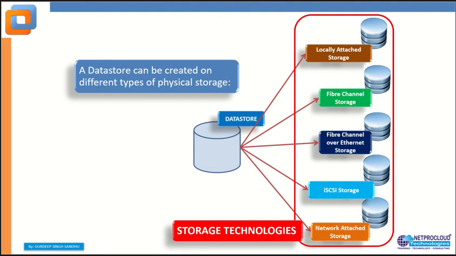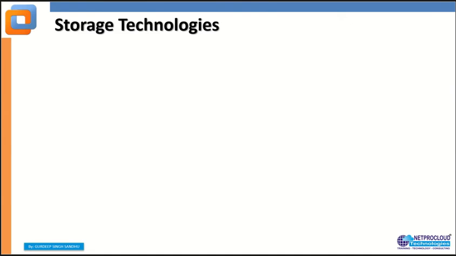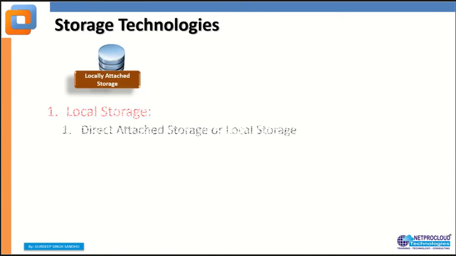A data store can be created on different types of physical storage like locally attached storage, Fibre Channel storage, FCoE storage, iSCSI storage, and network attached storage, meaning NAS. These are the storage technologies, and from these technologies we are going to create a data store. The technologies are LAS, which is local storage.